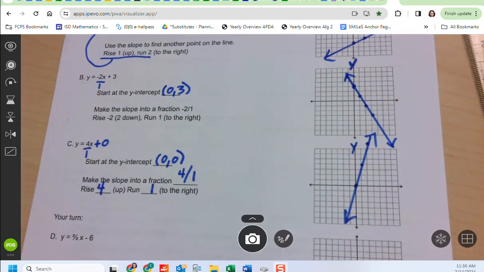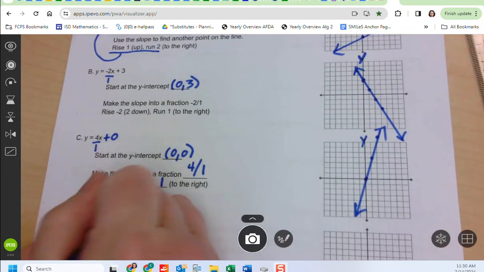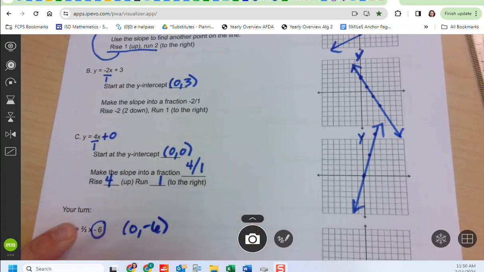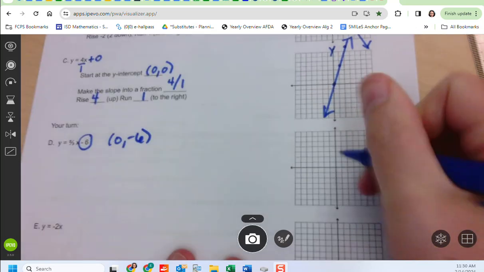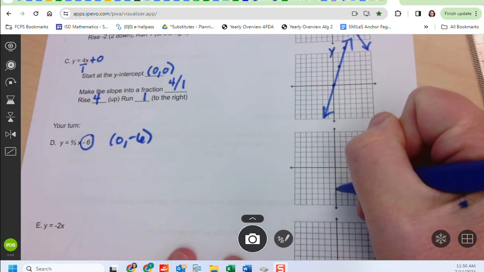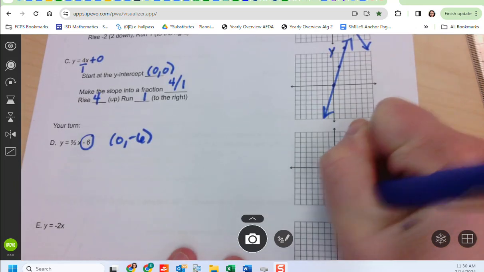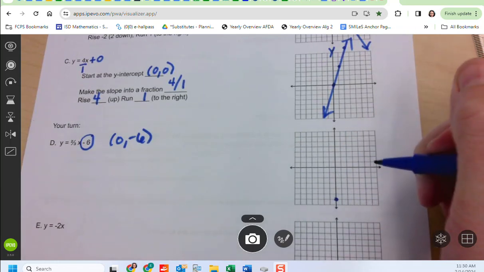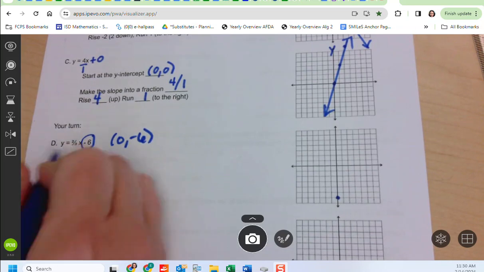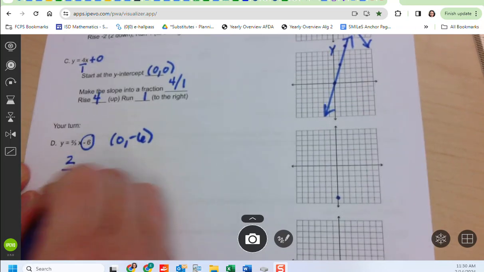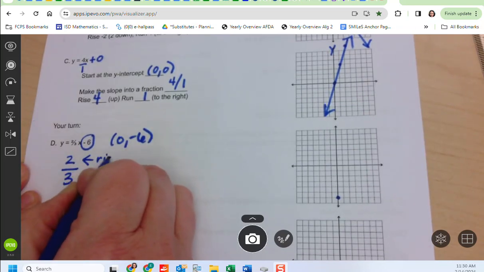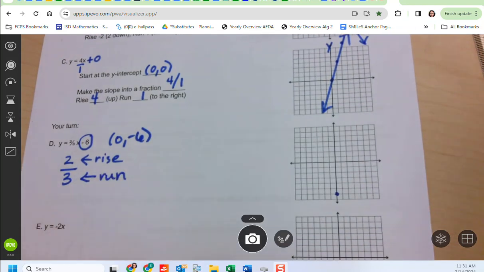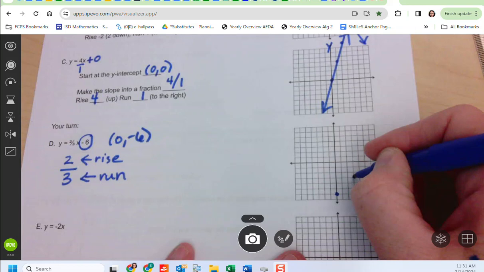All right, so for this one, we're going to start at -6. (0, -6), so I need to find that here. 2, 4, 6, is that right? Yeah. And then my slope is 2 over 3, so that's my rise, and that's my run. So up 2 over 3.